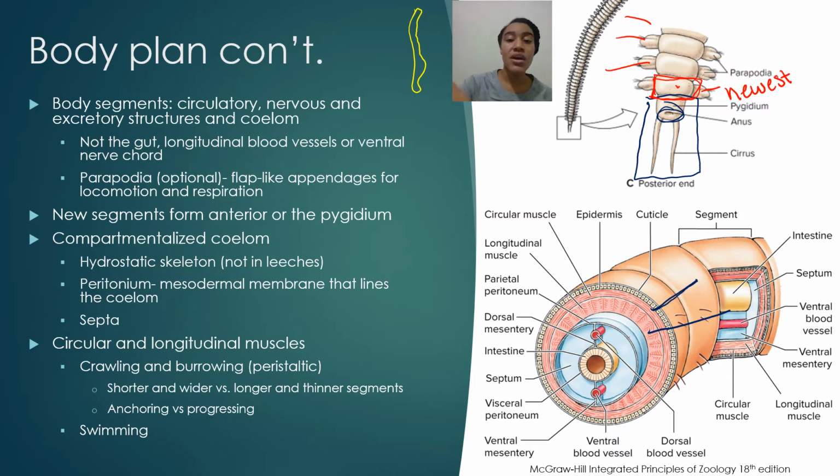So this worm wants to make these sections of its body thicker and wider for anchoring itself into its burrow. What it will do is activate the circular muscles in that region, so they become shorter and wider, and it will use its setae to stick into its burrow, anchoring it in place. So instead of looking like this, the annelid might now look something like this.